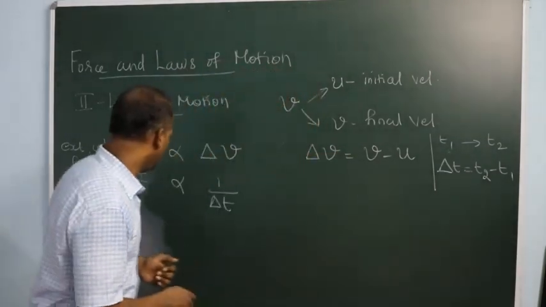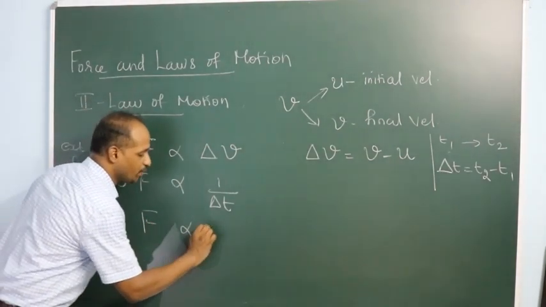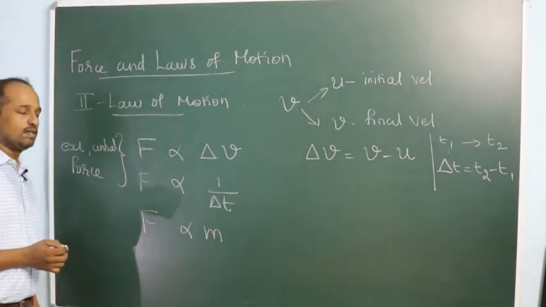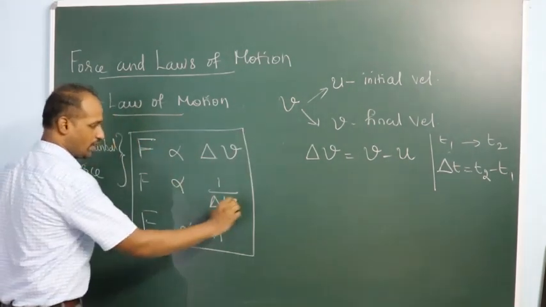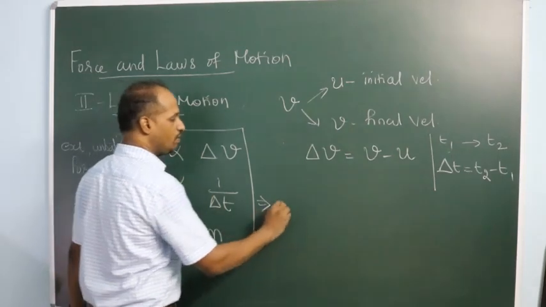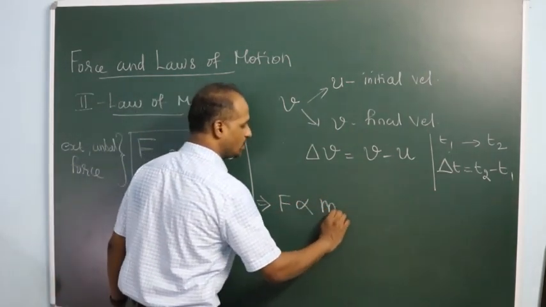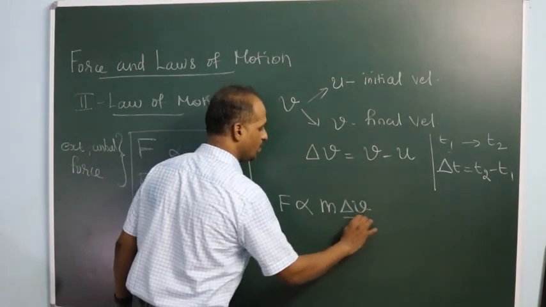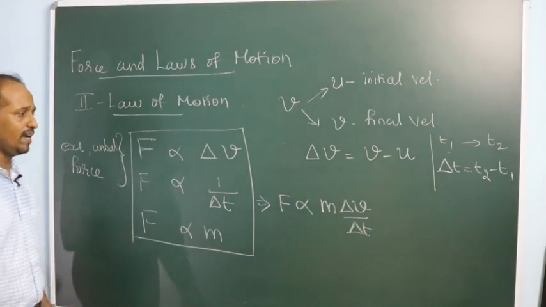So force required is directly proportional to mass. When you write these three relations in one, force is directly proportional to mass into change in velocity by time taken.